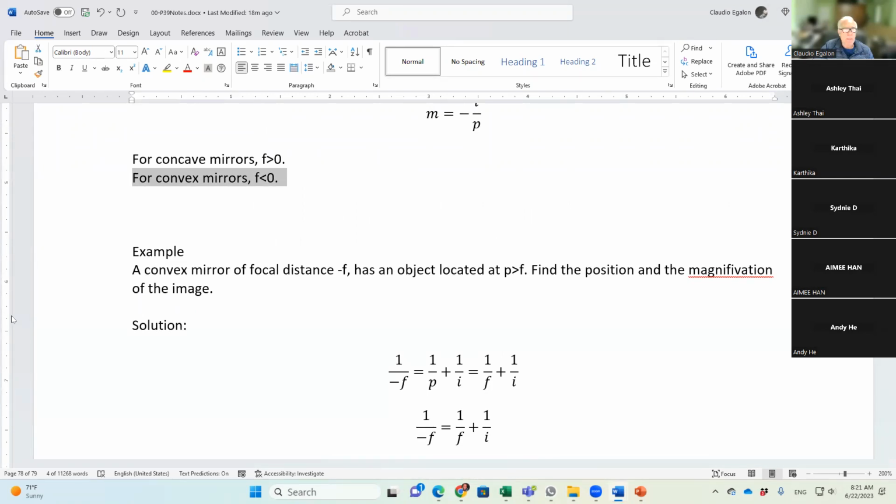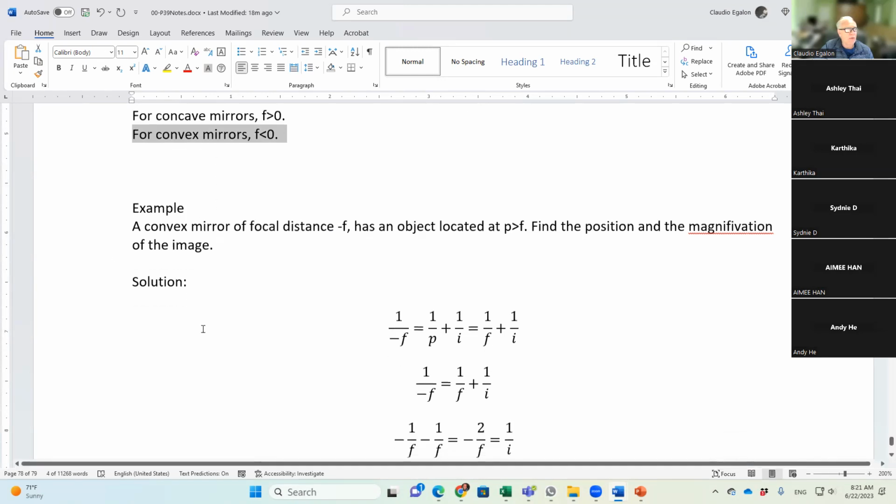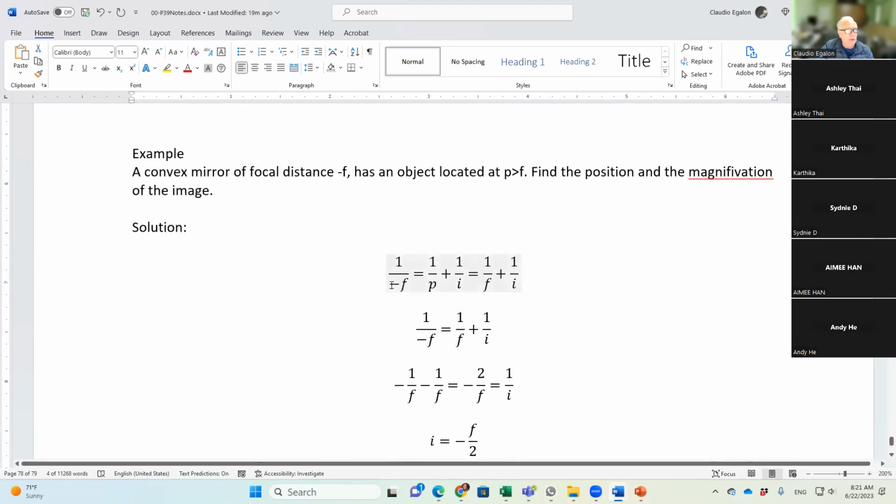If you miss that and try to solve the problem in the incorrect way, you're going to see that this term here is going to cancel out this term, and you're going to get a solution where the image forms at infinity, which is not correct.